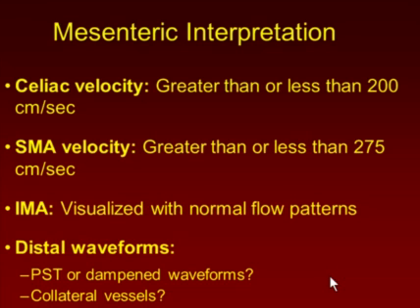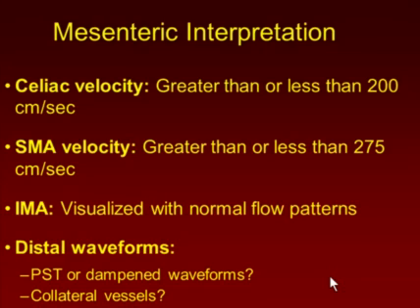Interpretation of mesenteric disease: the celiac velocity should be less than 200 centimeters per second. If it's over 200, and has poststenotic turbulence, that's consistent with significant celiac disease. The SMA velocity should be less than 275 centimeters per second. Again, greater than that may be consistent with significant stenosis within that vessel.